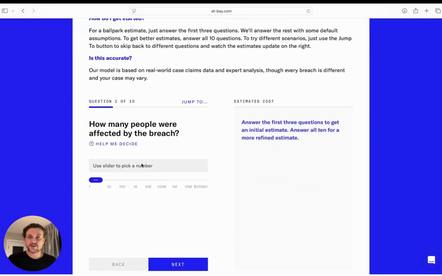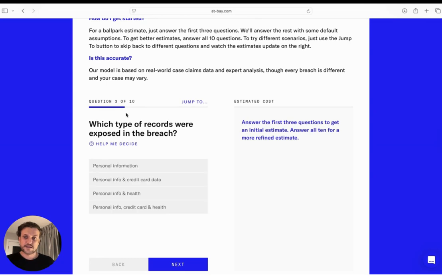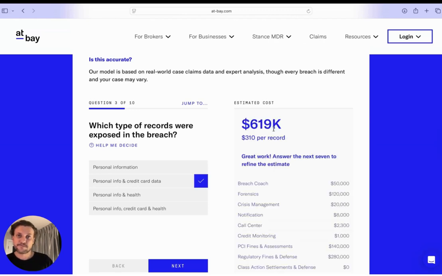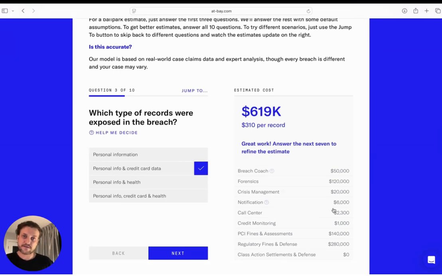Let's say that you're a financial service provider or professional service provider and you're handling your clients' credit cards and you got 2,000 clients. All right, 2,000. Great. Next. So, which type of records were exposed in the breach? Let's select personal info and credit card data, and boom, you got a number: $619,000. That's the money you have to pay, and this is the breakdown.